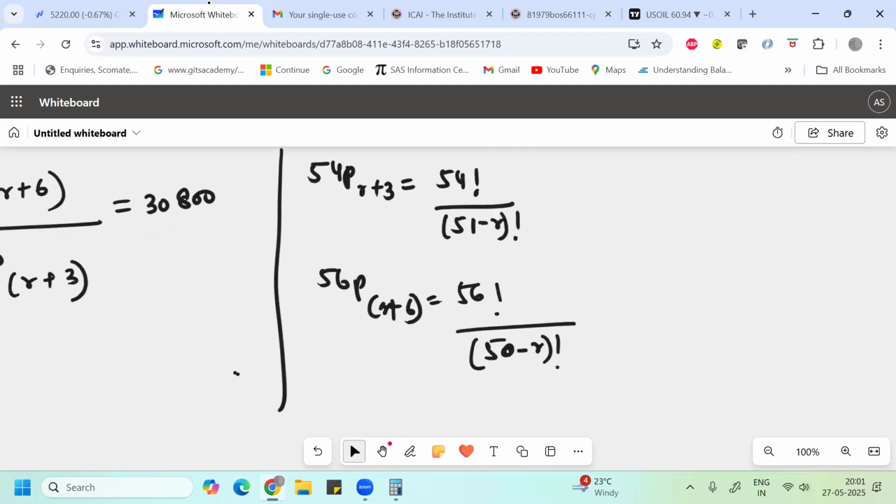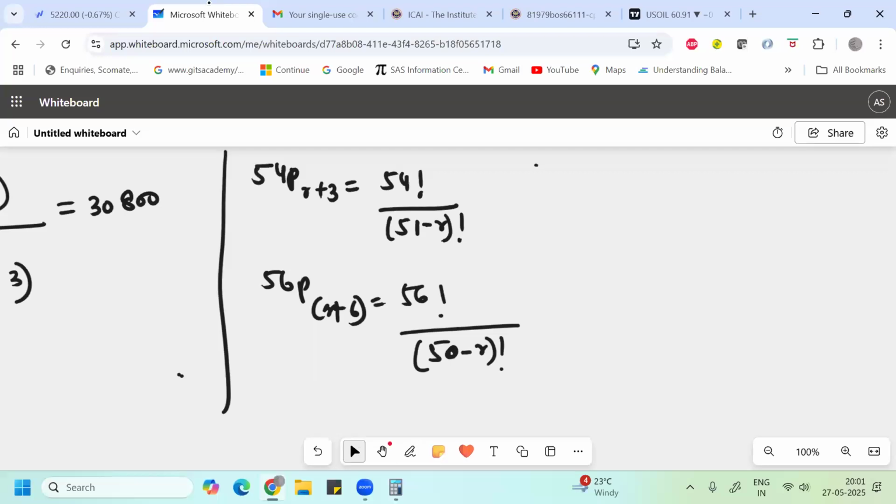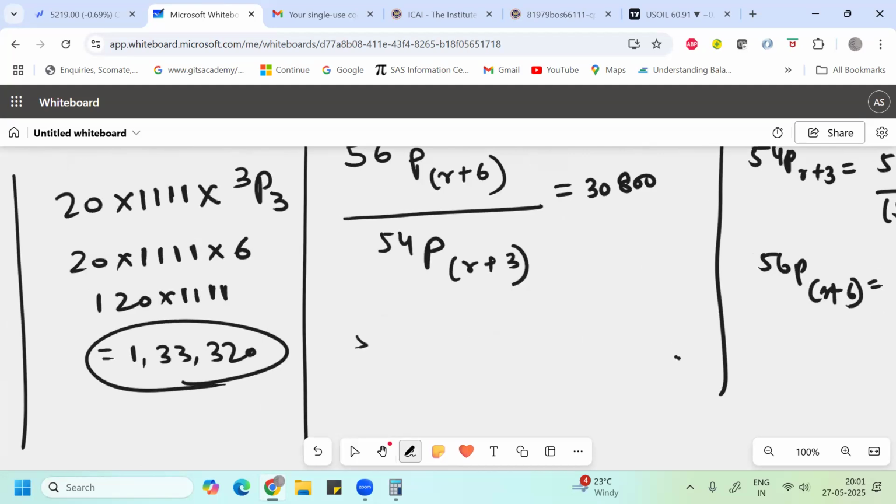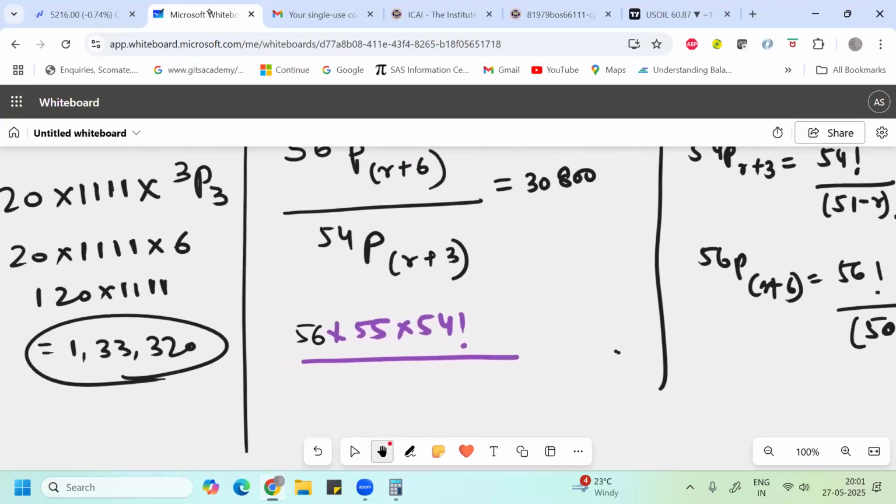If you write them, 56 factorial you can write as 56 into 55 into 54 factorial. 54 factorial gets cancelled.